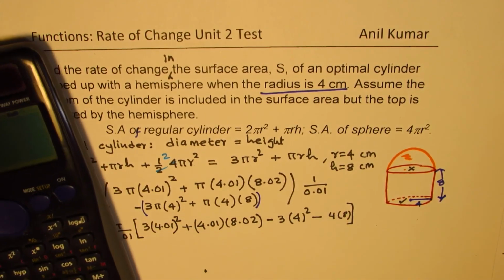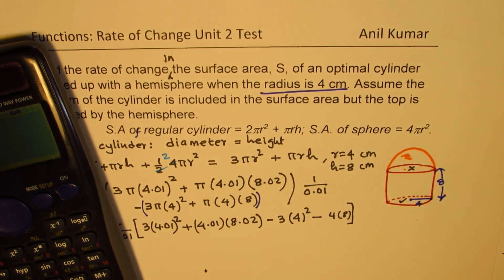Okay. So we have 3 within brackets 4.01 square, bracket close, plus 4.01 times 8.02 minus 3 within brackets 4 square minus 4 times 8.